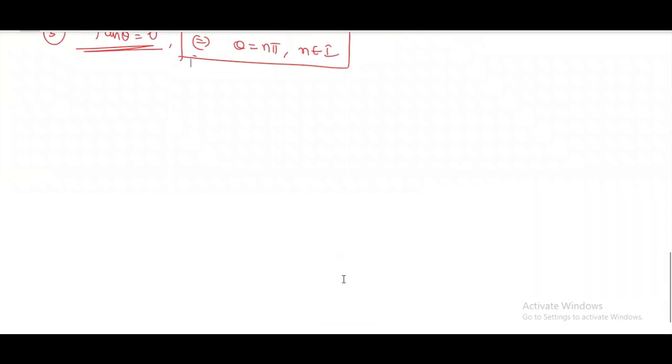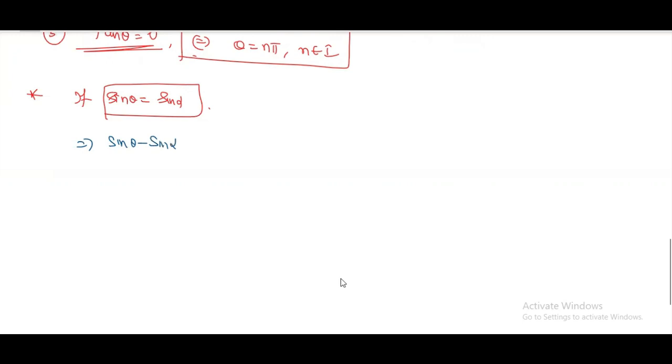Next we will see when sine theta is equal to sine alpha. If sine theta is equal to sine alpha, what is the general solution? Let's try to derive it. We have sin theta minus sin alpha is equal to 0, right? Here we know one formula: sin c minus sin d is equal to 2 cos of (c plus d) by 2 sin of (c minus d) by 2.